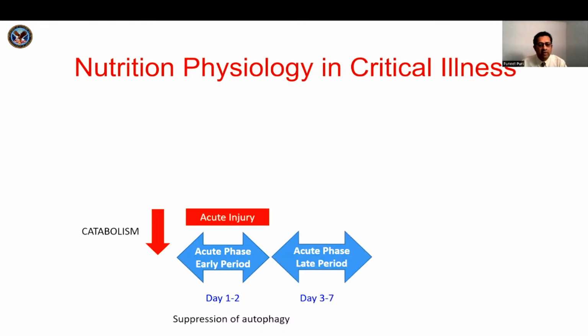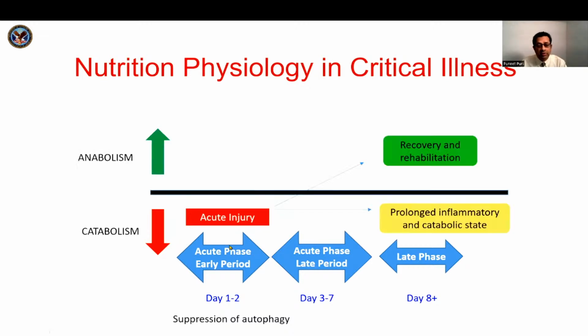The acute phase could extend into a late period from day 3 to 7, and subsequently a late phase from day 8 onwards. The outcome of acute injury could either continue to progress and persist as a prolonged inflammatory and catabolic state, or there could be recovery and rehabilitation, which is associated with anabolism.